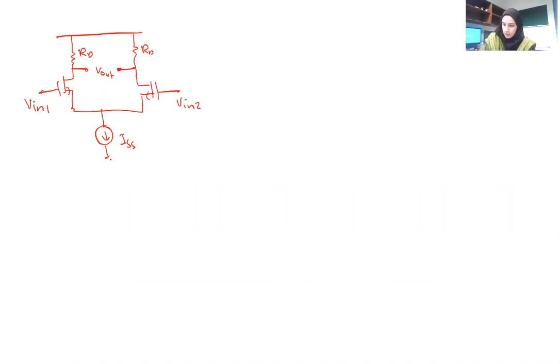We can also create a differential amplifier through the use of a PMOS device. So we have a current source here on top, and then we have the PMOS, VN1 here. Let me draw it differently.